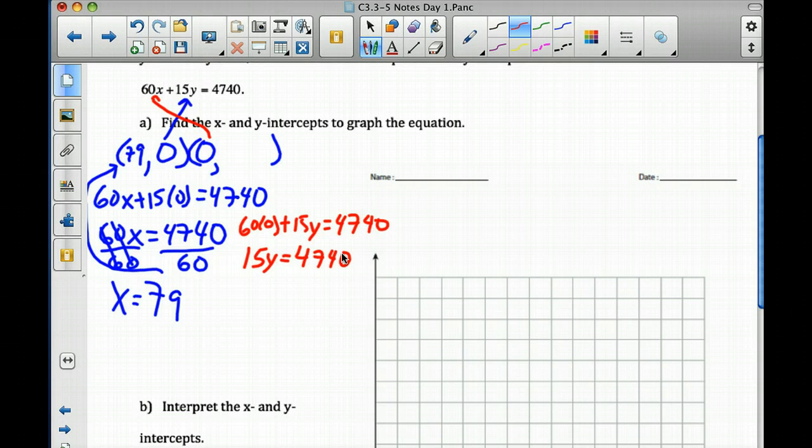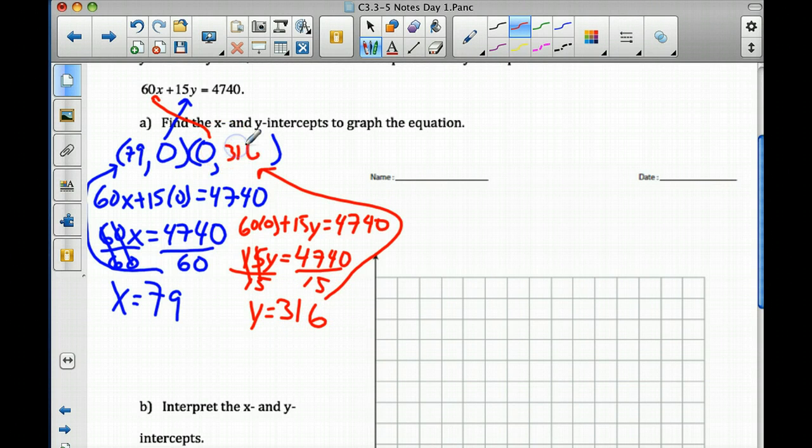Divide both sides by 15. Kelly, what's that number? 316. Somebody verify that. Verified. Take 316, put it as the y value when x is 0. We're almost done, guys. We're doing great.